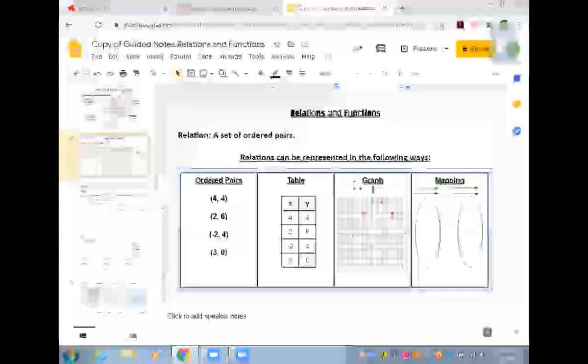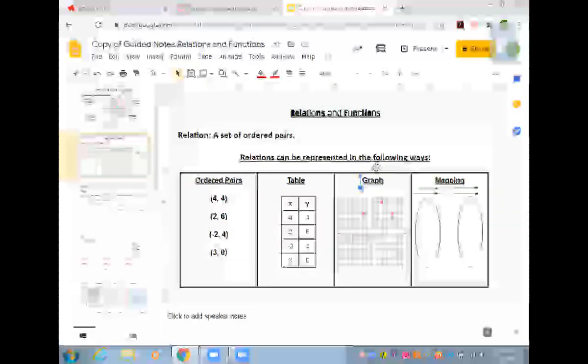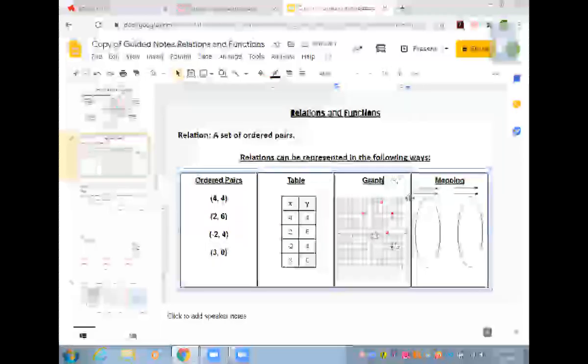Hit Control Z, that's undo, in case you didn't know. All right, and then 3 and 0. There we go. So there's my graph.